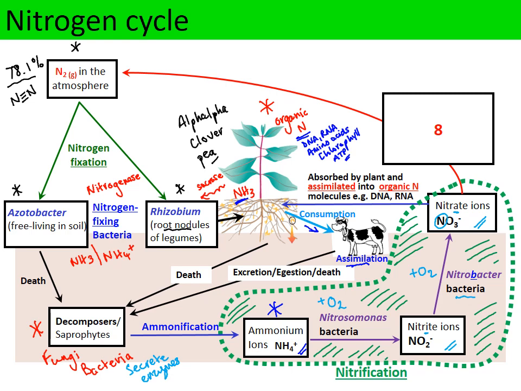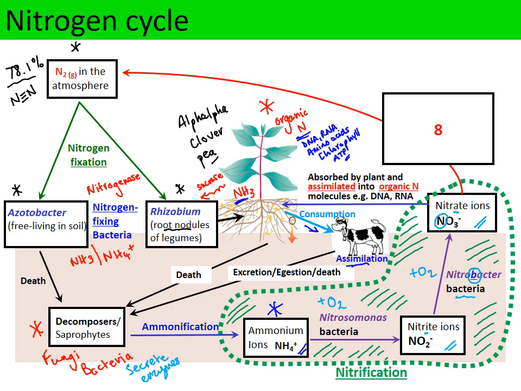Now one good way of remembering this is Nitrobacter has a B for bacter. Now if you think A and B, so A would be Nitrosomonas, and B, because Nitrobacter's got a B in it, is the second step, Nitrobacter, nitrites to nitrates.